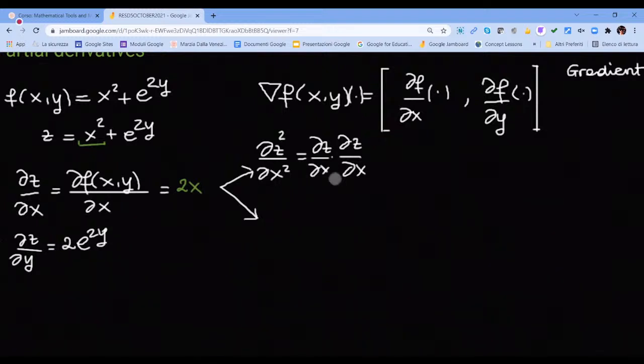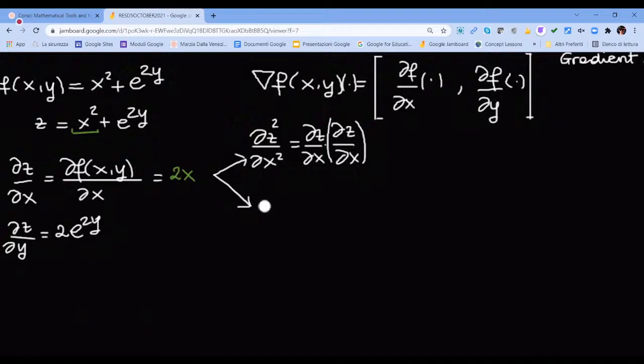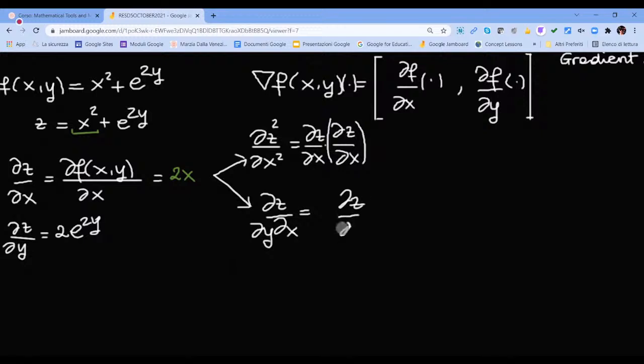So that means that we compute the first derivative and then we derive with respect to x. Or this one, that means that we compute the derivative with respect to x, this first one, and then derive this one.